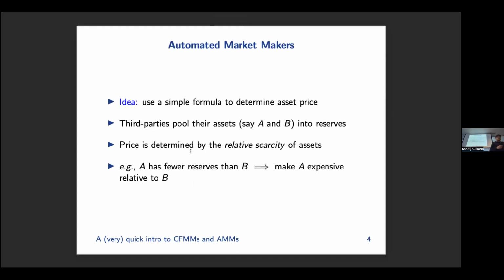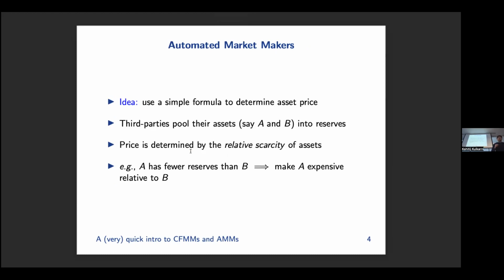So automated market makers are this other thing that exists in blockchains in which you don't have a market maker that decides the price for an asset, but instead you use a simple formula. The way this works is that third parties, called liquidity providers, pool their assets into reserves, say assets A and B, maybe apples and oranges, or Ethereum and Bitcoin, or whatever.